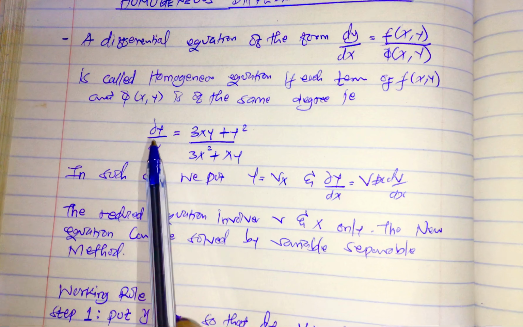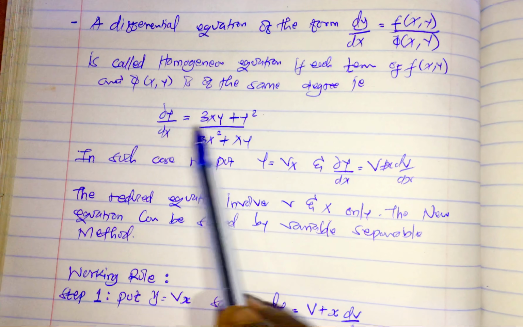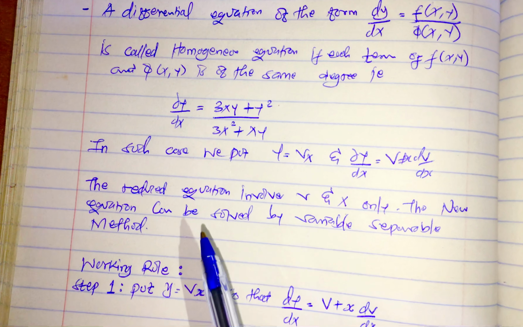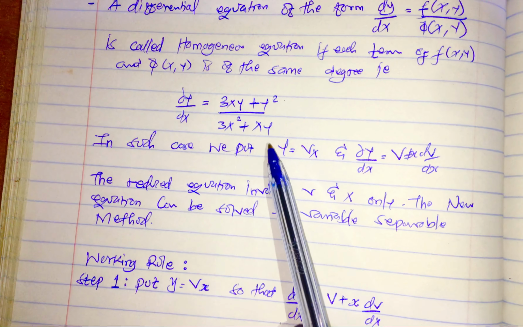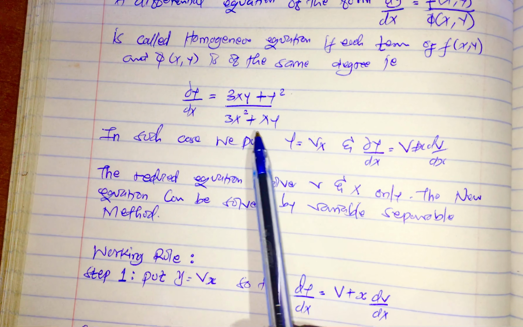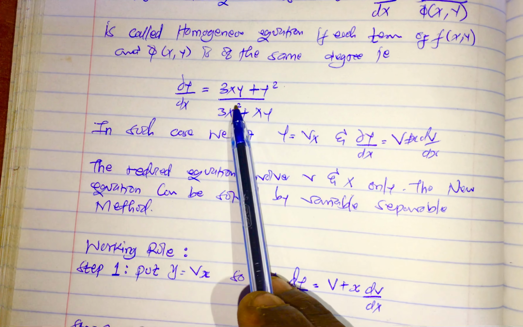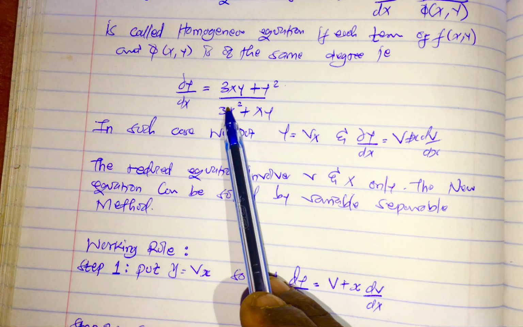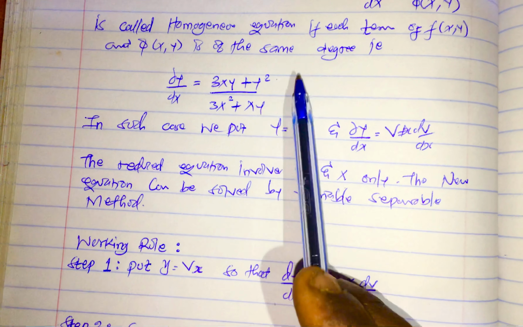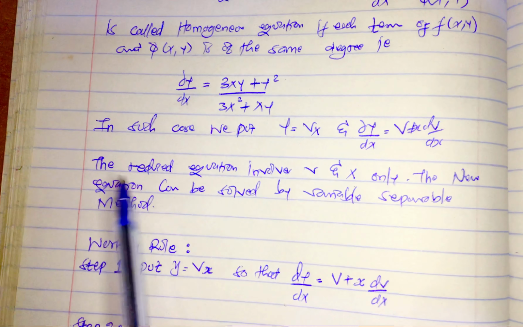For example, dy/dx is equal to (3xy plus y squared) over (3x squared plus xy). You can see that the numerator and the denominator have the same power. For example, in 3x squared and y squared, the variable x has a power of 2 and the variable y has a power of 2, as opposed to xy in the numerator and xy in the denominator.